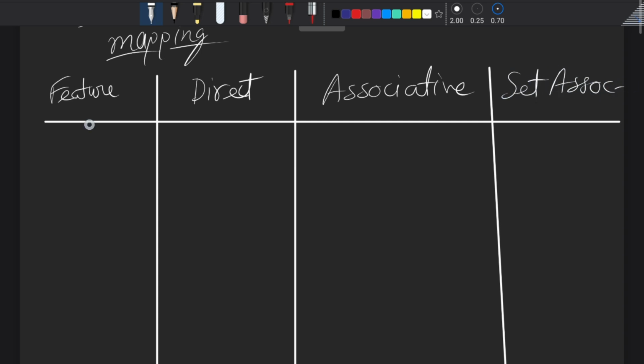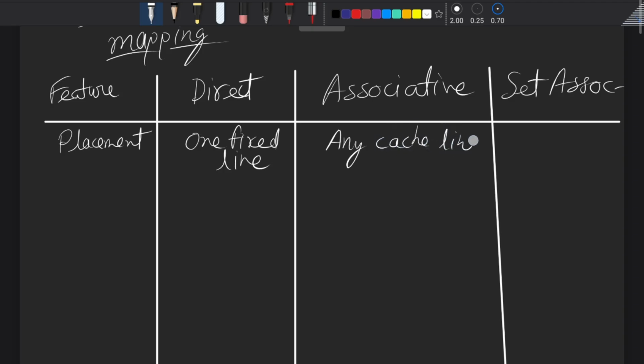So placement of memory block: here it is one fixed line, here any cache line, and here any line in a fixed set.